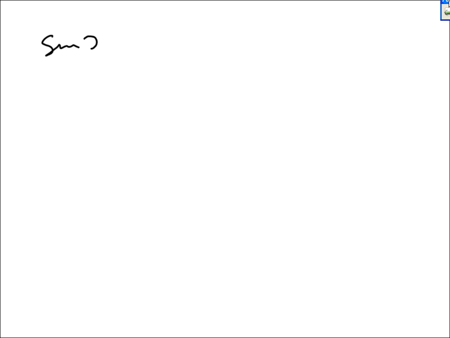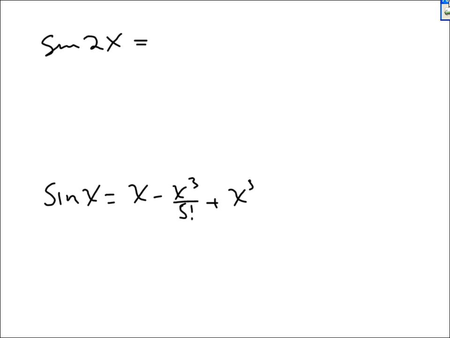What is the Taylor series for sine of 2x? Well, we know that the sine of x is x minus x cubed over 3 factorial plus x to the 5th over 5 factorial minus x to the 7th over 7 factorial, etc. That is, it's the summation as n goes from, say, 1 to infinity. Possibly I'll change it to 0.